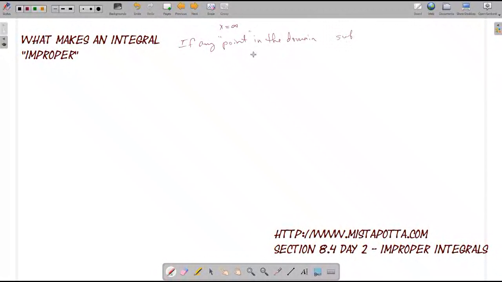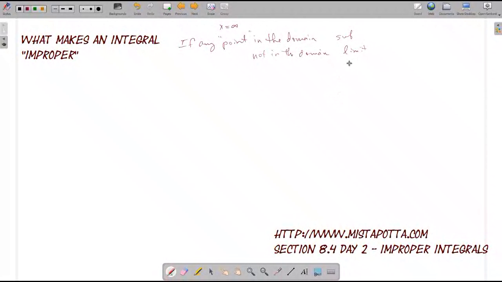But if the point is not in the domain, then we need to take a look at this from a limit standpoint.